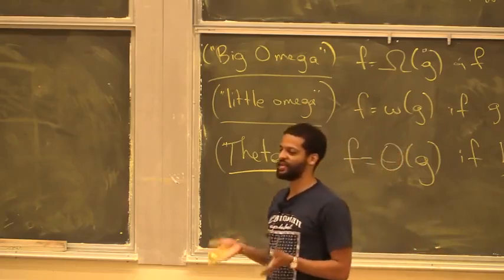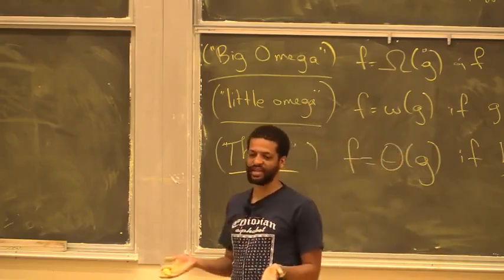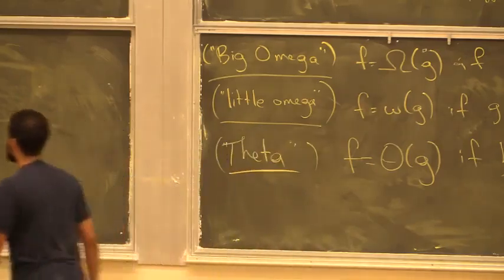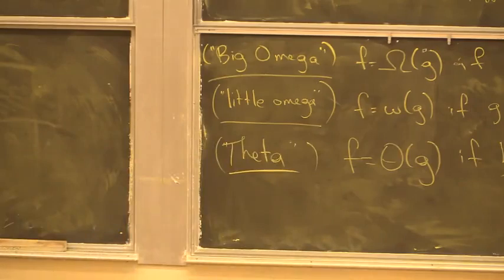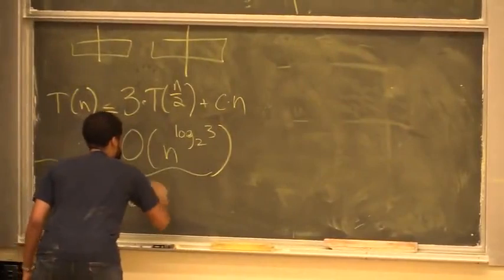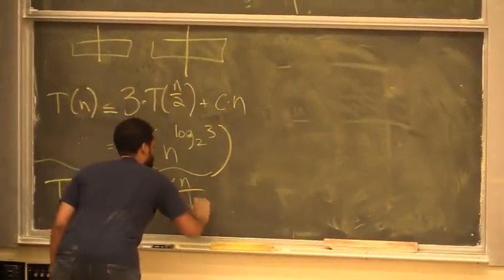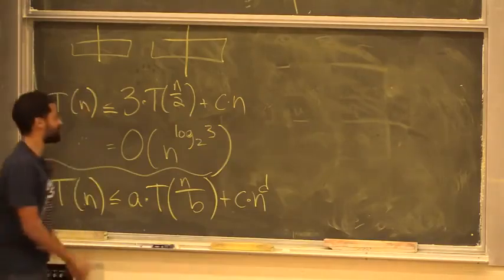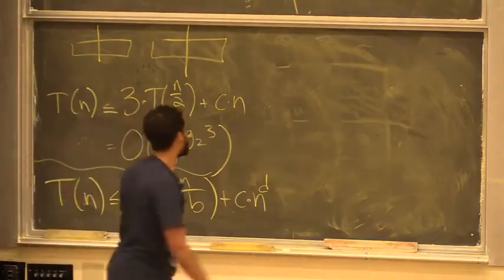Okay. And we're going to write a very general theorem that basically always gives the right answer. And then we're going to cover one more example of divide and conquer. So what about T of n is at most a times T of n over b plus some constant times n to the d? What would we get then?